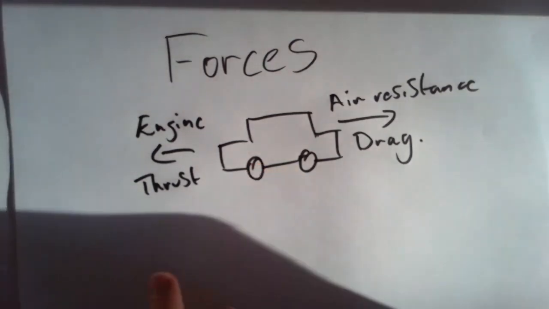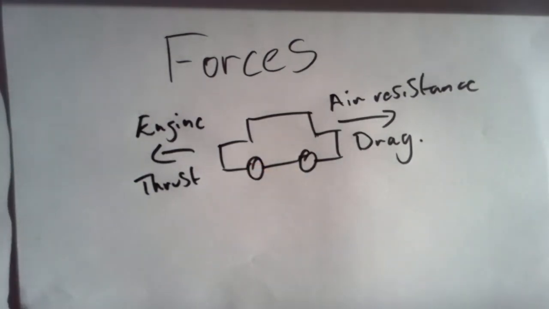You can have contact forces, such as physically pushing someone, physically pulling someone along, things like friction, things like drag. Or you can have non-contact forces, which are things like magnets and electromagnetism.